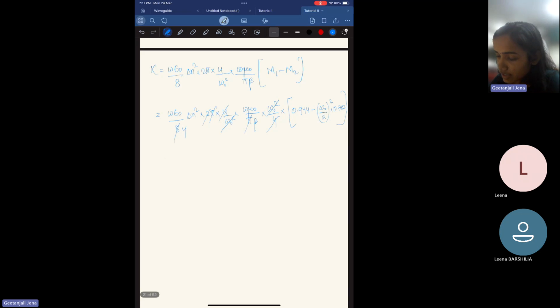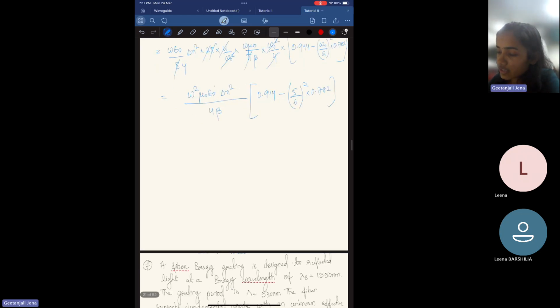So what we have now is omega square mu naught epsilon naught delta n square over 4 beta, times 0.944 minus 5 by 6 square times 0.782.